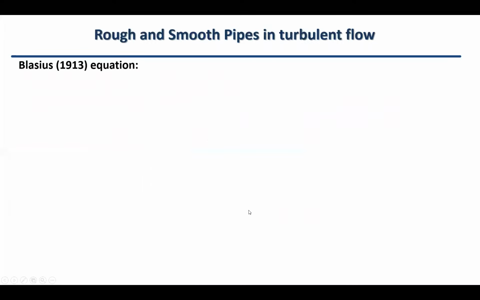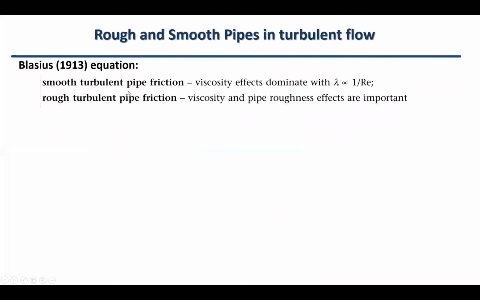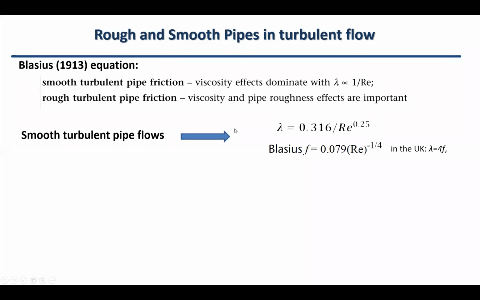In addition, Blasius in 1930 derived the equation for smooth turbulent pipe friction, where viscosity has the dominant effect and lambda is inversely related to the Reynolds number. However, in rough turbulent pipe friction, both viscosity and pipe roughness have an impact on calculating the pipe roughness coefficient.